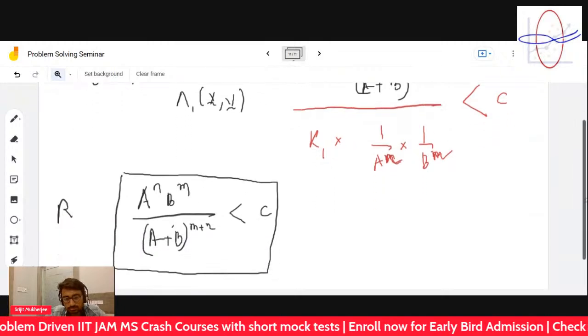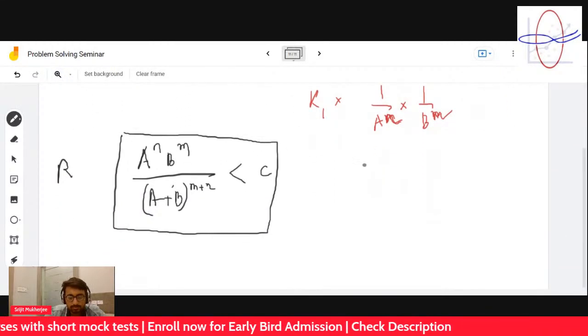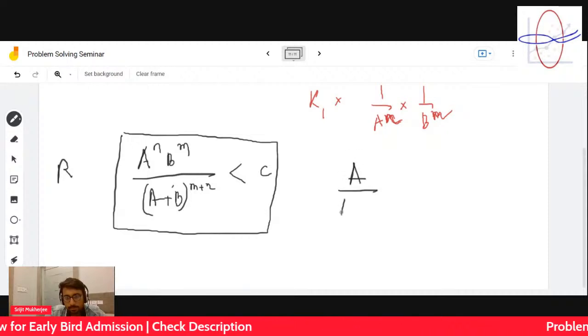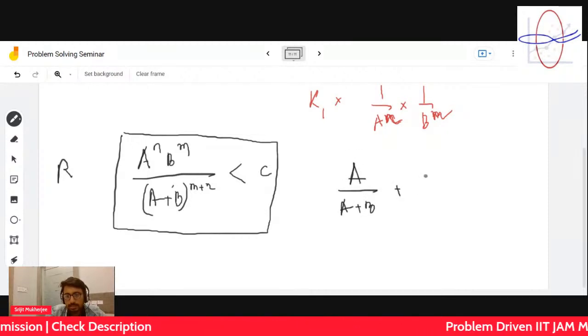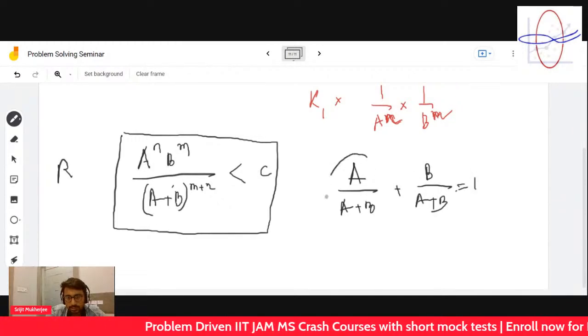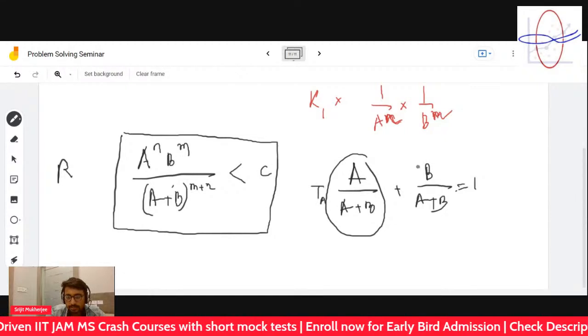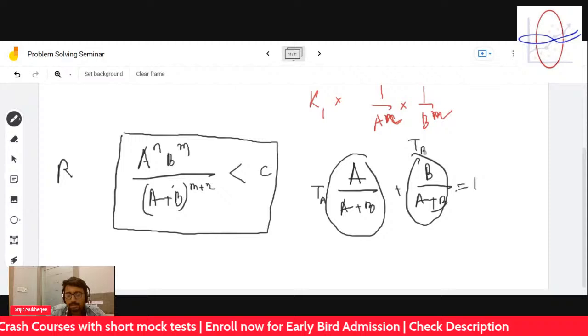And it's very easy. Can you tell me why? Observe that a by a plus b plus b by a plus b is equal to 1. So let's call the first ta and the second tb. So ta plus tb is equal to 1.